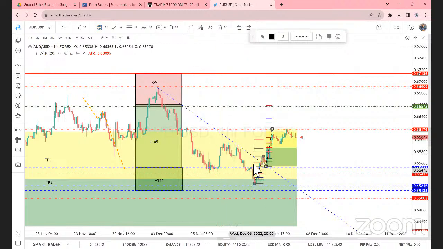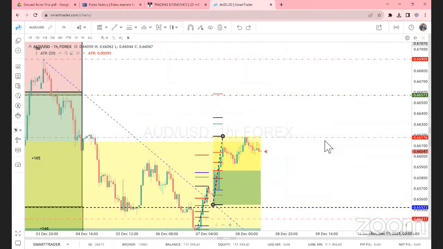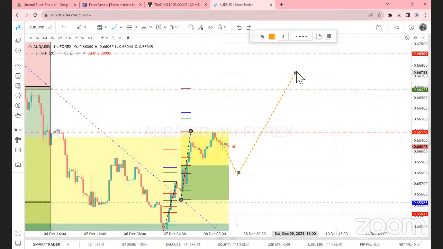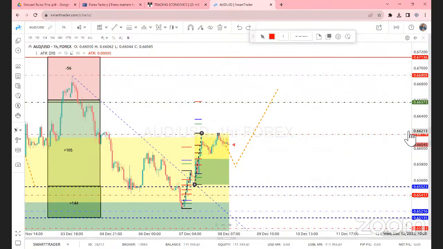We can run some sub fibs off of that. So we would love for price to be in a position like this, right? In our buy zone. So we could potentially look to get long. Okay. So let's see what happens with the news. All right. Any questions on that Aussie dollar? That's the direction that it's going right now.